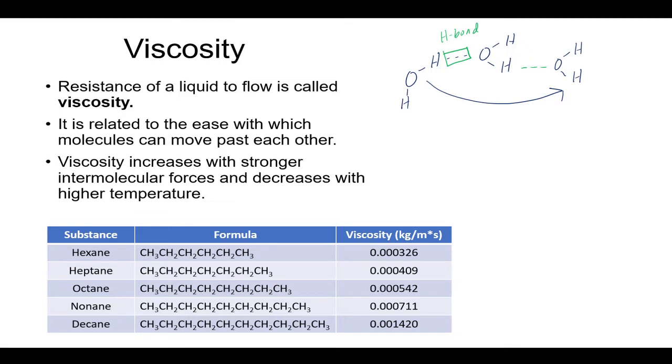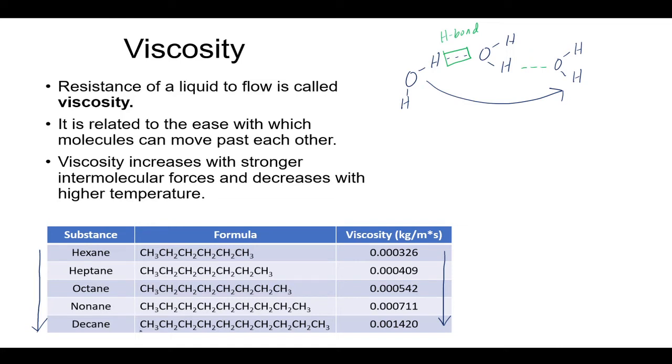And so there's going to be a resistance to it flowing when one hexane passes the other hexane, because a lot of these hydrocarbons can be polarized and the electron cloud can interact with the electron cloud on a neighboring hexane molecule. Now, what happens as we go down this table from hexane to decane and beyond is the viscosity is going to increase. And as the viscosity increases, the resistance to flow increases.